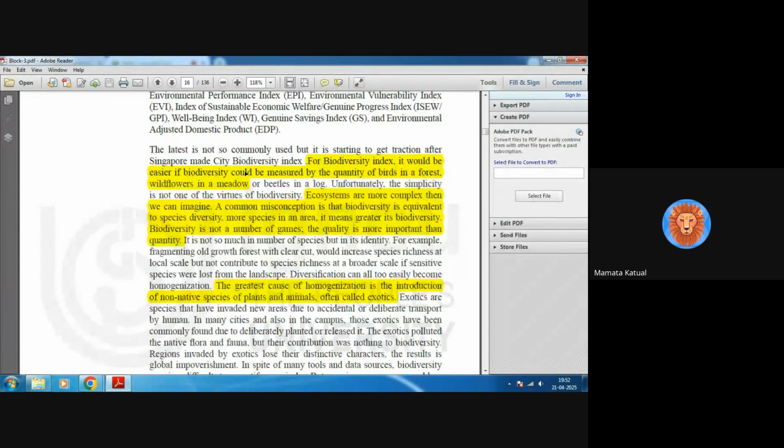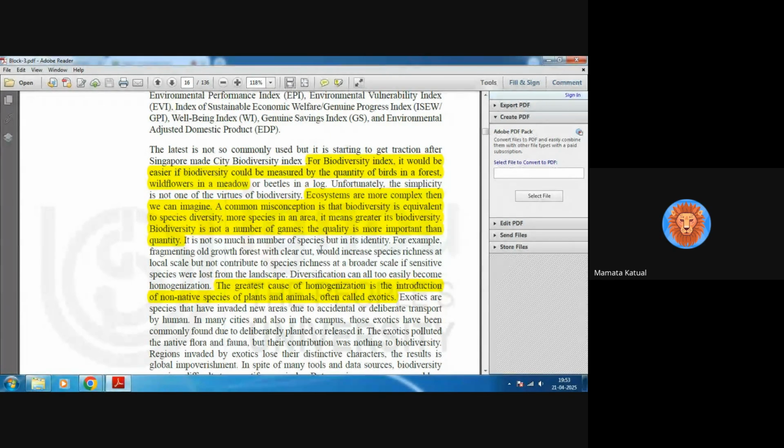But measurement of the biodiversity index is not so easy, just by calculating the number of birds, because the ecosystems there are very complex. So calculating biodiversity index is not easy. Why is it not easy? Because the ecosystems there are very complex.